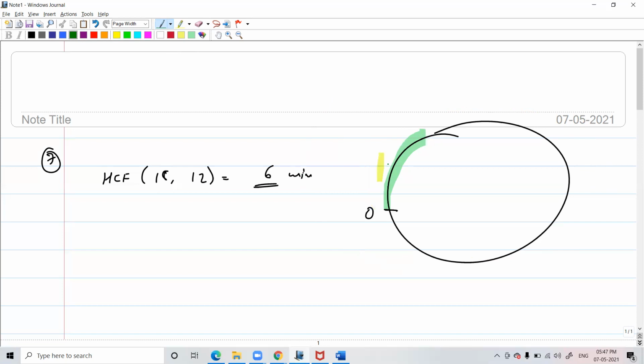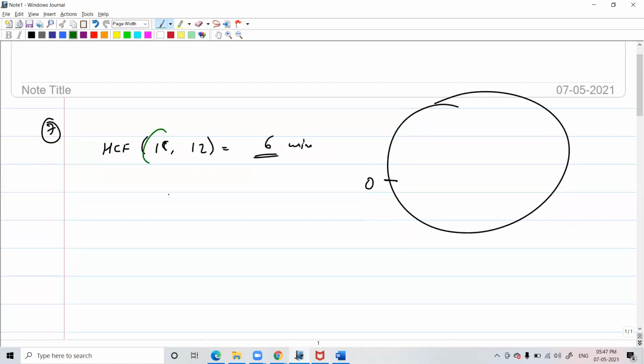So it has to be the common multiple of both these numbers, 18 and 12. You have to find the LCM of 18 and 12. Find it out. What is the LCM of 18 and 12? 36. 36 minutes. So what would have happened in 36 minutes?